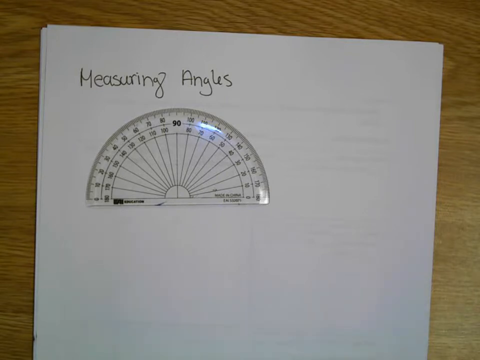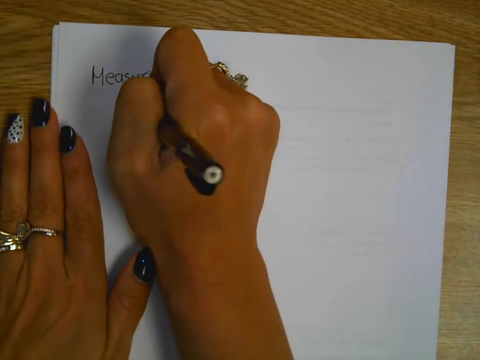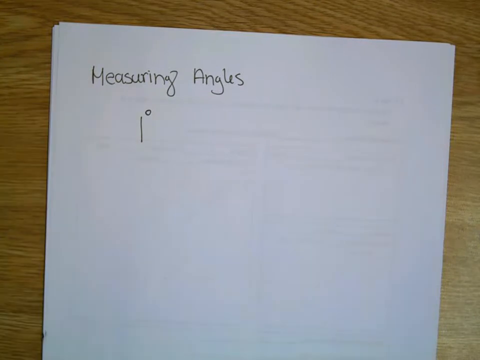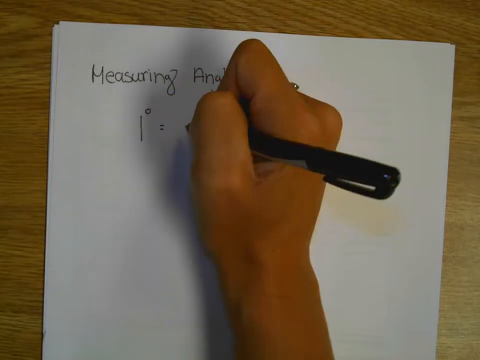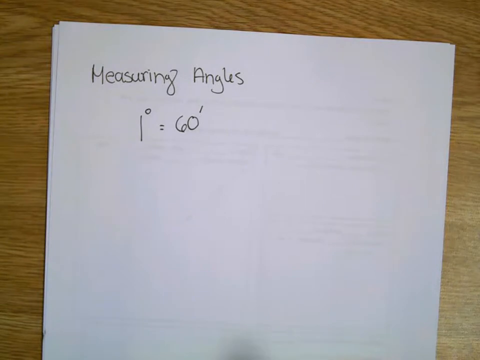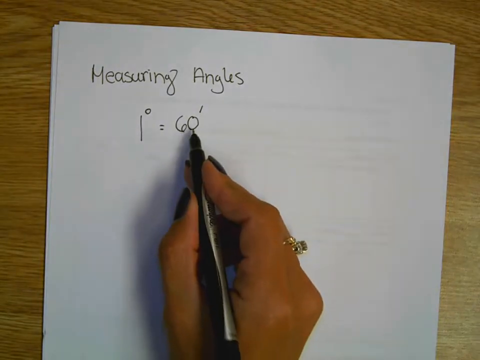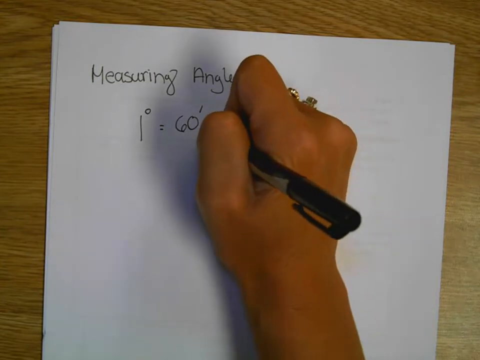Well, when the Greeks started this stuff, they decided to take an angle measure of 1 degree, which is very small, a little tiny angle, and they chose to break that up into 60 equal parts. Those 60 parts, they called minutes. So 1 degree can be broken up into 60 minutes.